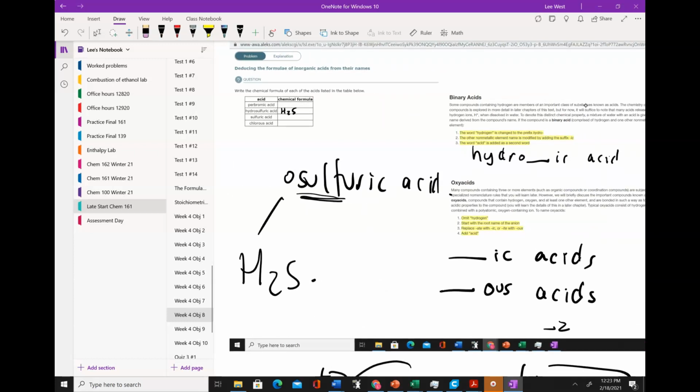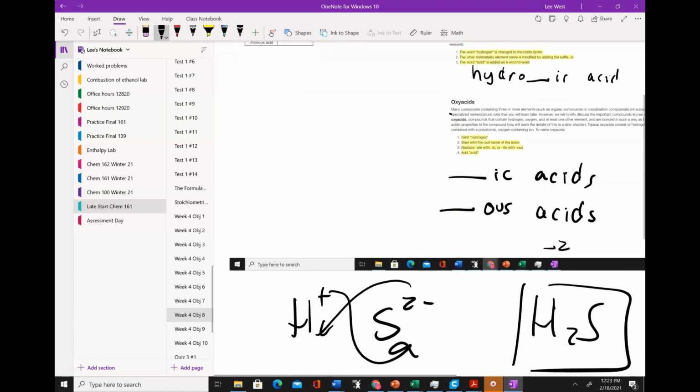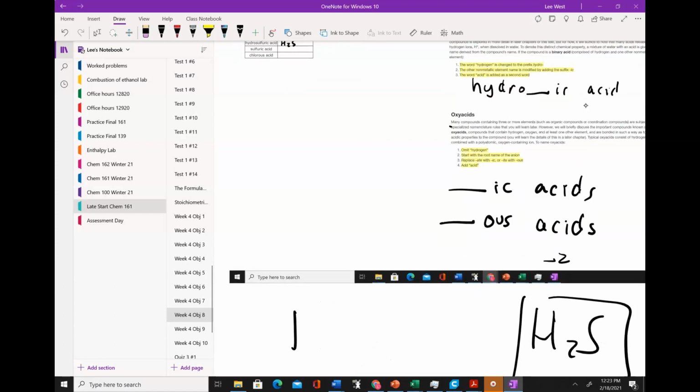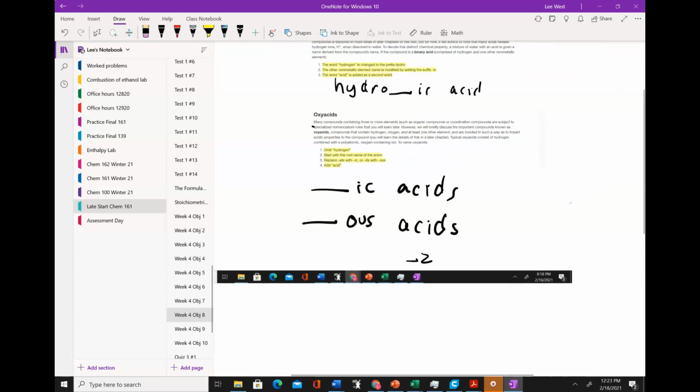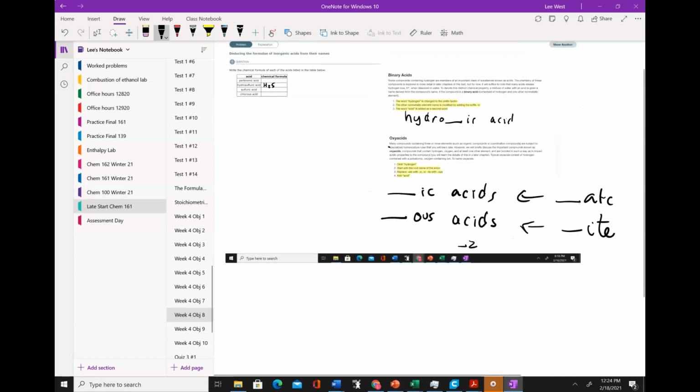So the other ones are oxyacids, right? And so what oxyacid are they? Well, we have to look to see whether the ending is an ic or an ous. And if you remember, the ic acids are derived from ate anions, and the ous acids are derived from the ite anions.